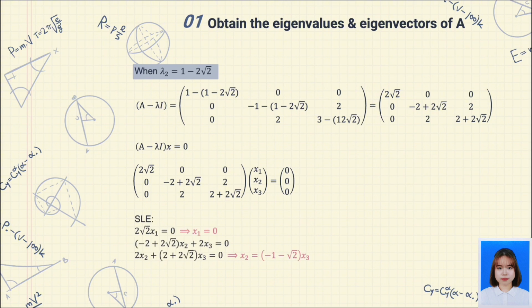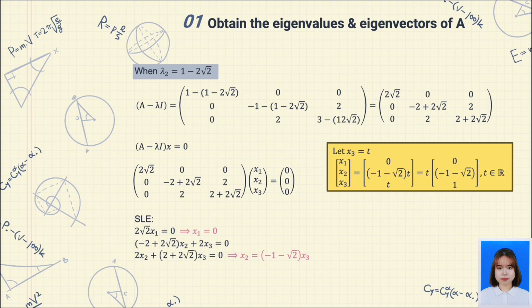By using the system of linear equations method, we get 2 square root 2 x1 equals 0, negative 2 plus 2 square root 2 x2 plus 2 x3 equals 0, and also 2 x2 plus 2 plus 2 square root 2 x3 equals 0. So from the first equation, we get x1 equals 0. And from the third equation, we get x2 equals negative 1 minus square root 2 times x3.